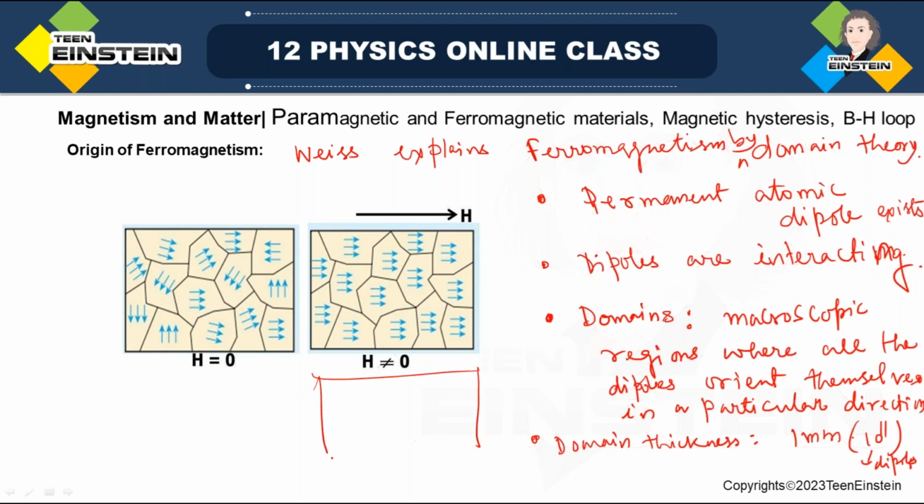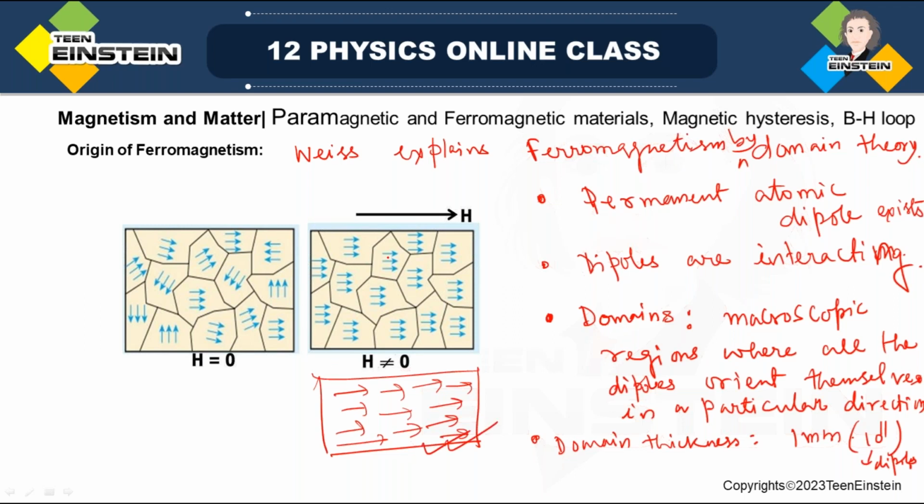Finally, at very high field, all the domain walls will vanish, and all the dipoles will be in a single domain, all directed in the same direction.